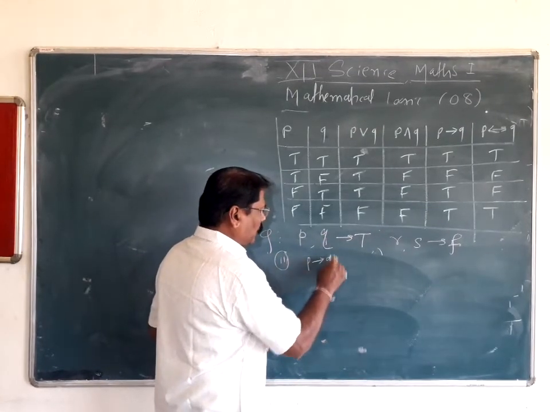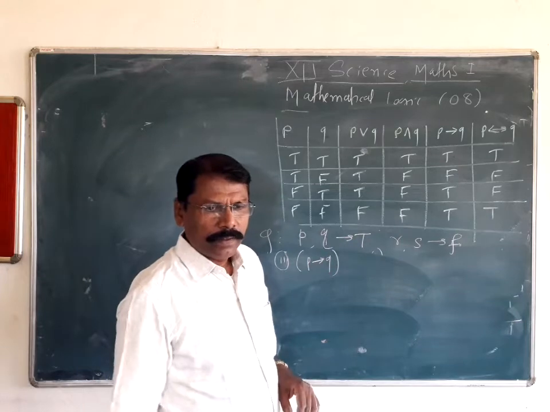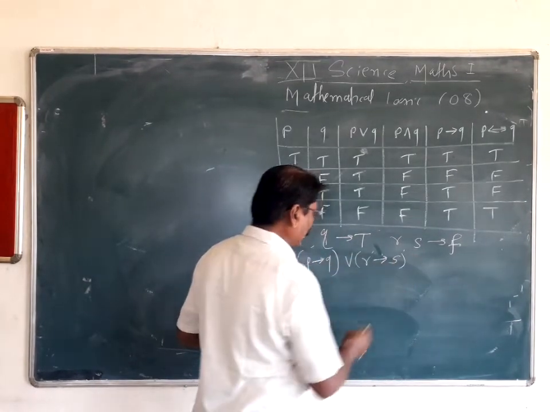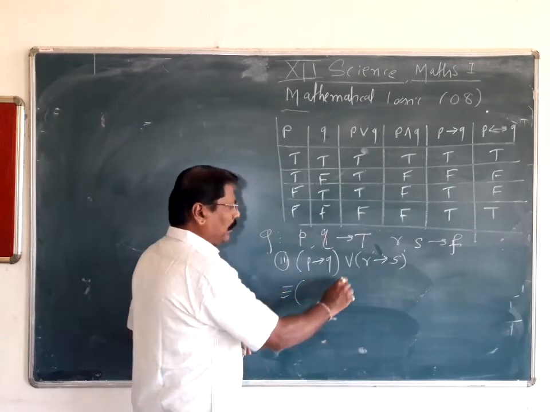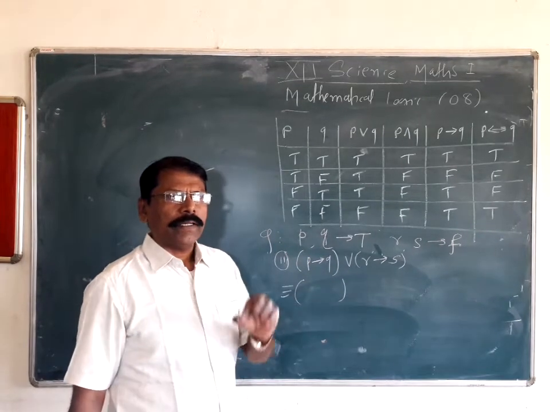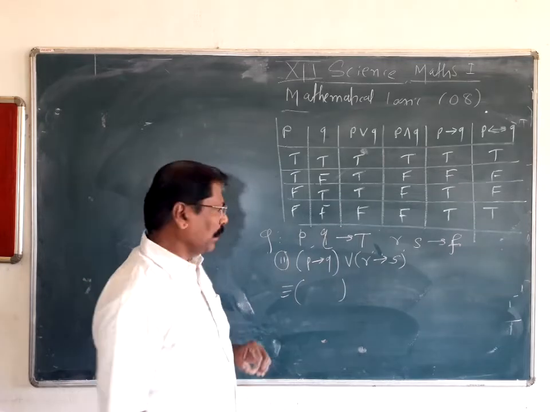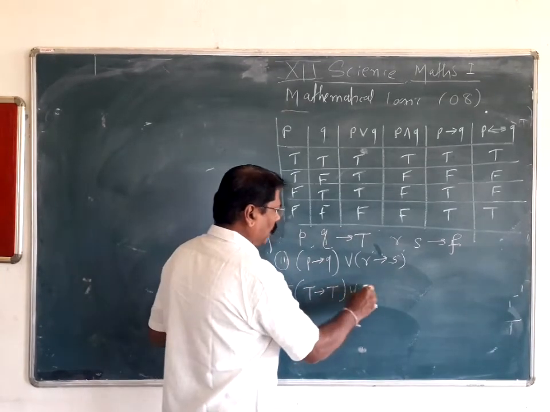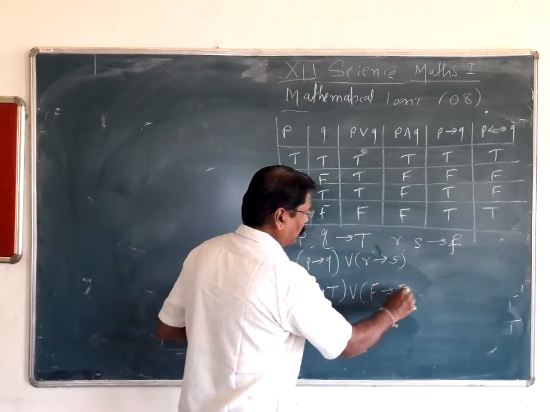Second example: (P implies Q) or (R implies S). Now listen carefully. First, write their truth values. That is (T implies T) or (F implies F).